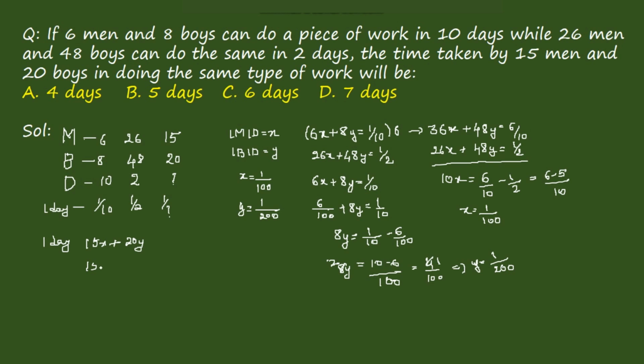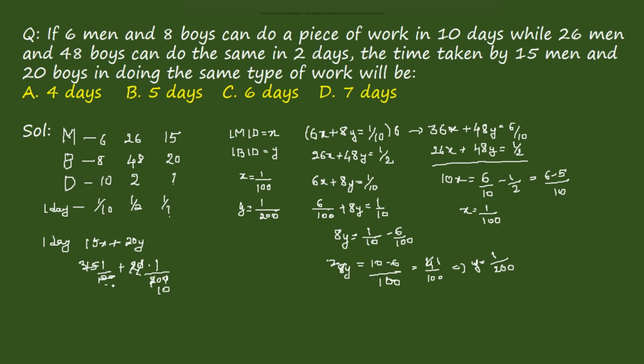By substituting the value of x and y, 1 by 100 plus 20 into 1 by 200. Here 2 gets cancelled, it becomes 10. Here it becomes 3.